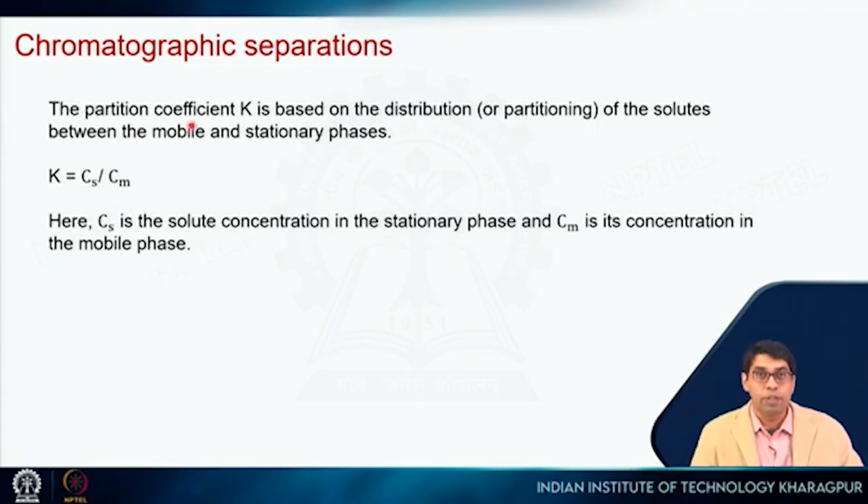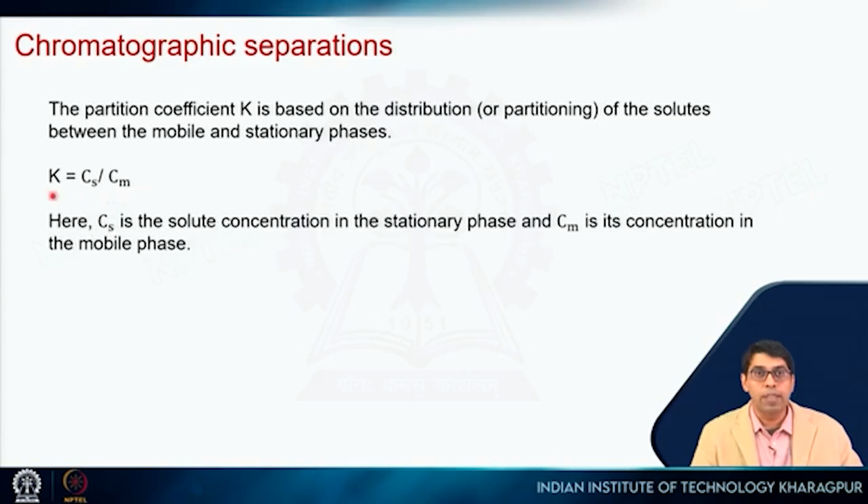The partition coefficient K is a term that is used quite often in chromatographic techniques. It is based on the distribution, or the partitioning, of the solutes between the mobile phase and the stationary phase. So, you have two phases, right? Let us say we have a column, and in that we have some gel matrix. The gel matrix will be the stationary phase, and the buffer or the solution in which your protein is dissolved is the mobile phase, because it will pass through the column.